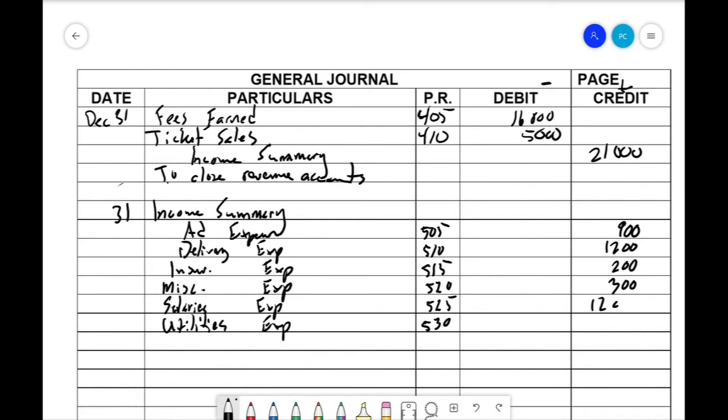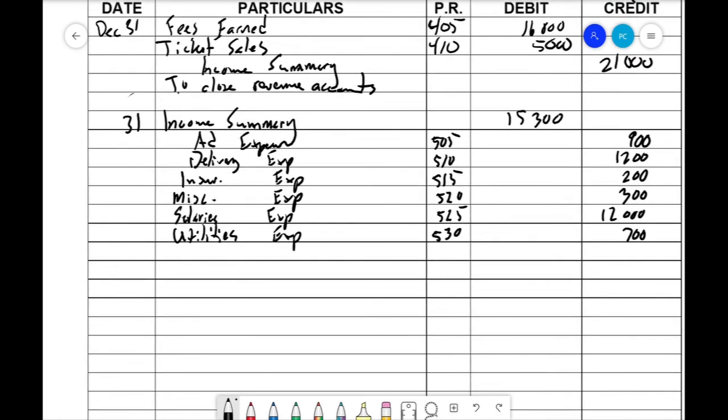Okay, so here are the totals that were found on the trial balance. And if we add those all together, the income summary debit would equal 15,300. Okay, so we've got a debit transaction income summary of 15,300 and a credit of $21,000.